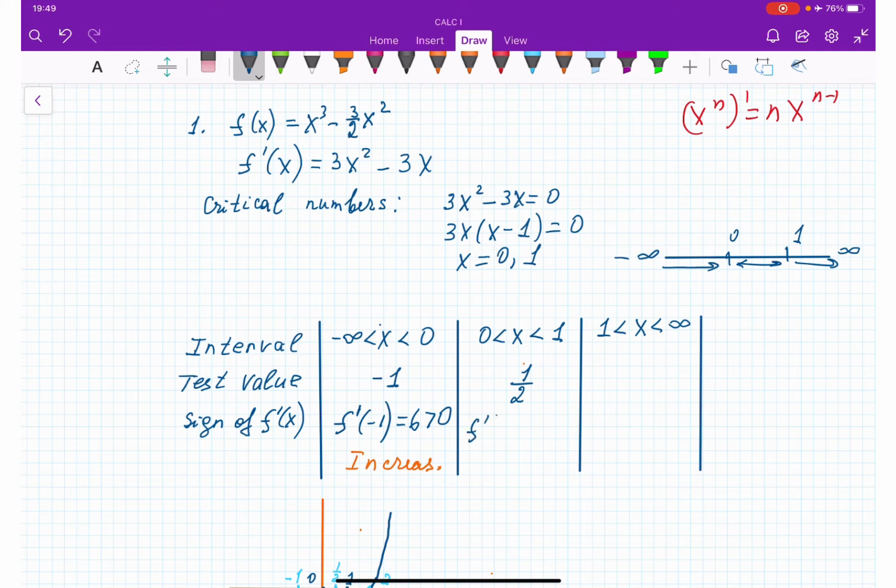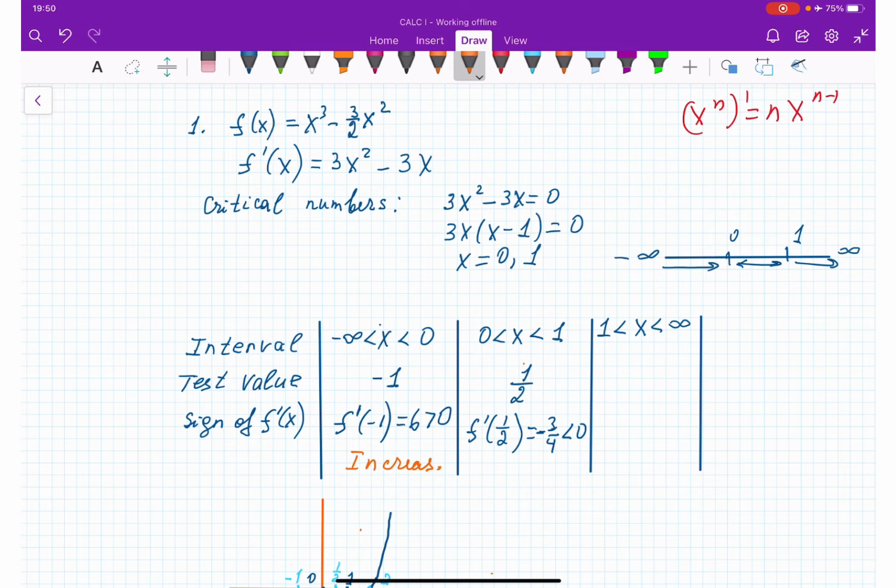Then f prime of 1 over 2 is going to be equal to, let me see, 1 over 2 squared is 1 over 4, so 3/4, and then minus 3 over 2, it's going to be negative 3/4, which is going to be less than 0.